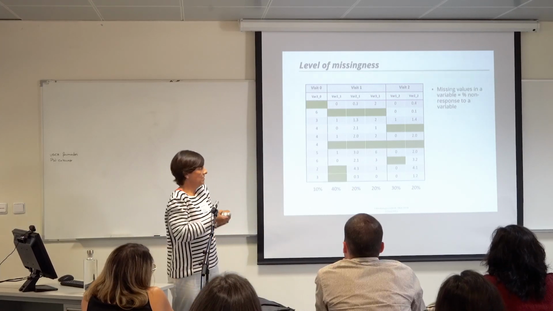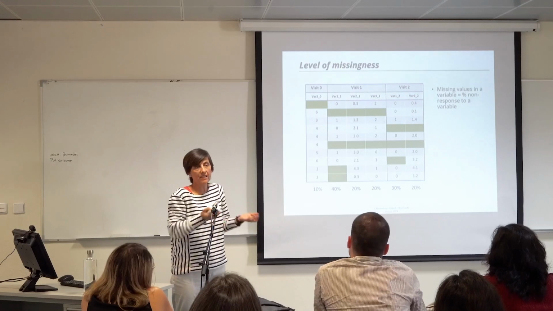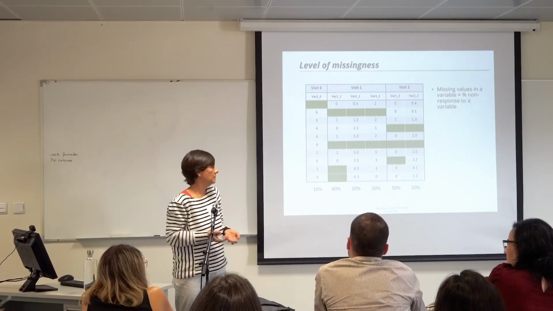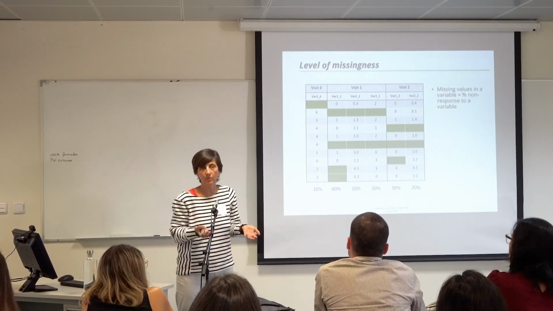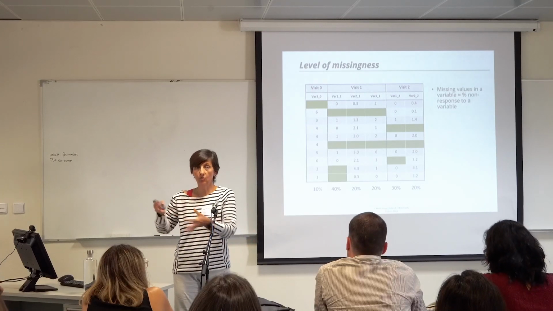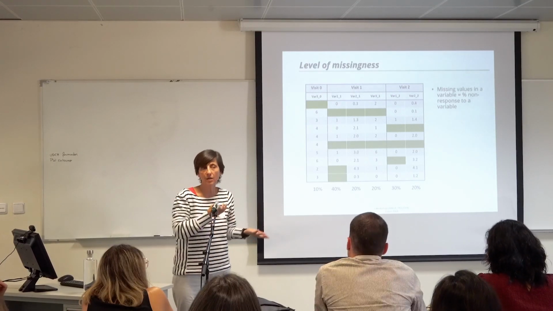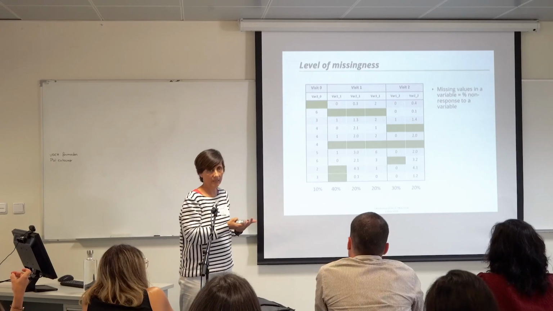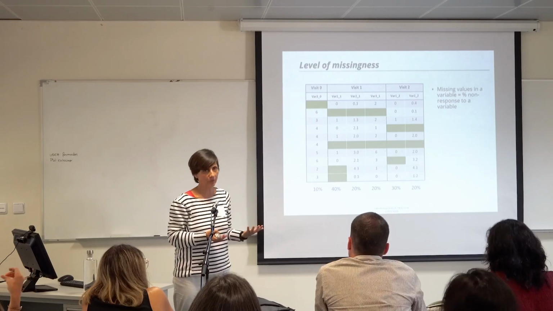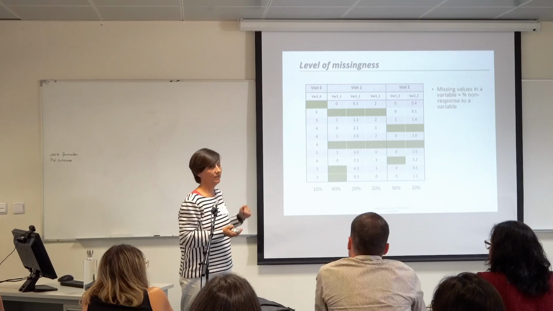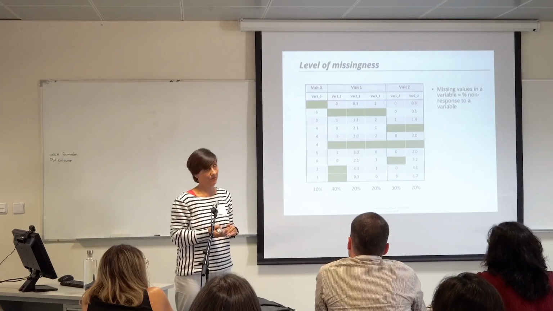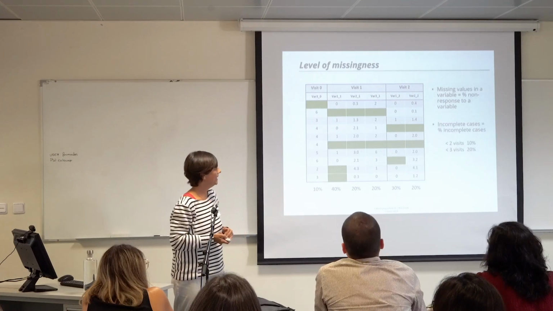So what is a lot of missingness, or percentage of no response to a variable? It depends on the variable. If it's just a descriptive variable or a secondary variable, it's not a big deal. But if it's the outcome variable, oops, over 40% might be very difficult to solve, right?